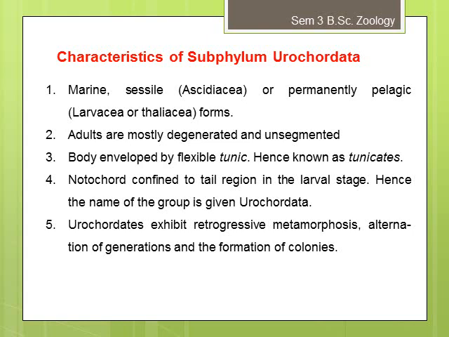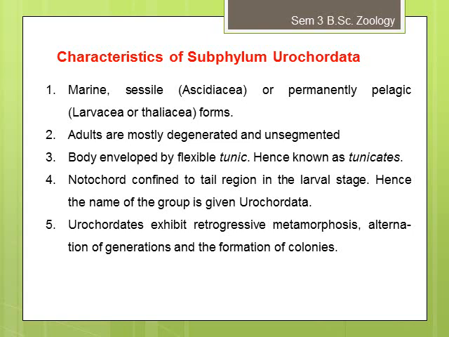Why is it called a degenerate body? Because in Urochordates, all the chordate characters, including the notochord, the tubular nerve cord, and postanal tail, are found only in the larval stages, while an adult lacks all these characters.